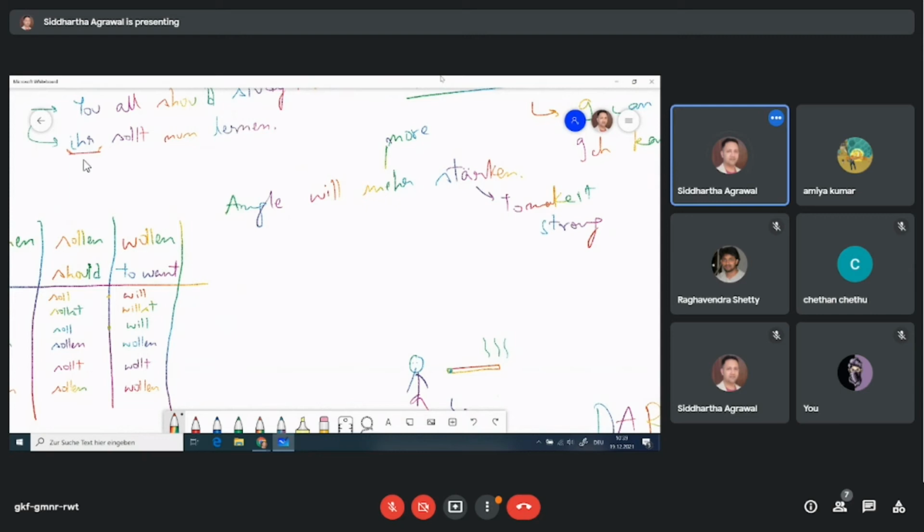So if you see this sentence now, the first thing that will come to your mind is maybe that Angela is planning to do something, or Angela in future will make it more strong, because this becomes will to be in future. However, the meaning of the sentence is Angela wants more rules or more strength, right? So here it means wants.